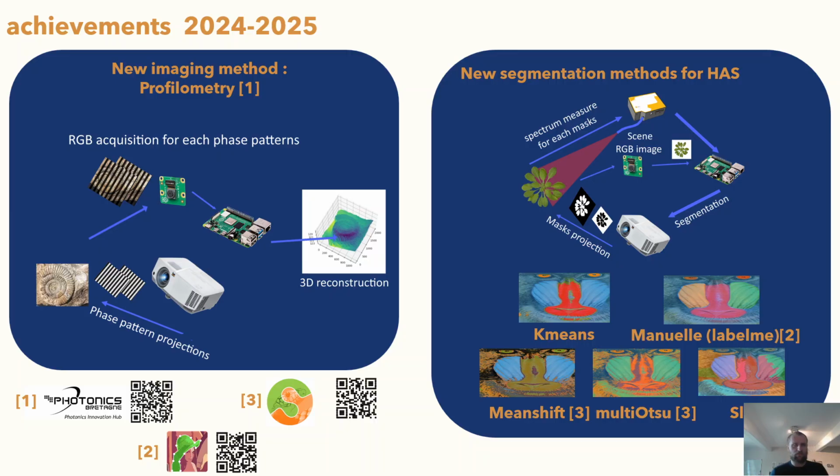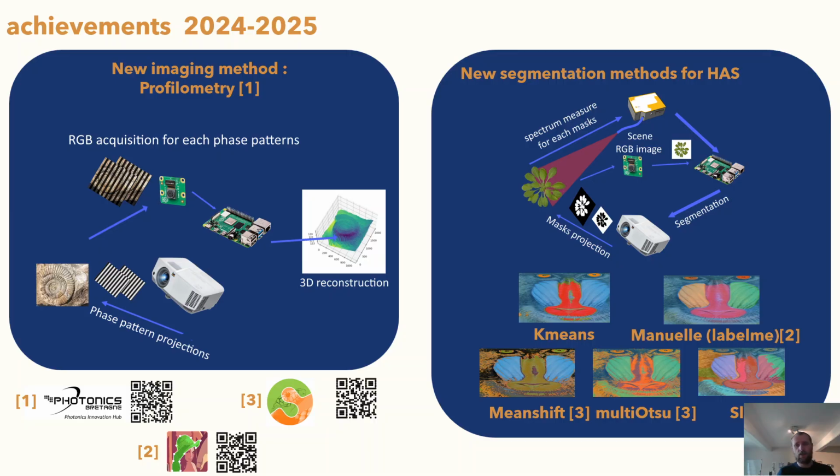And the second work was about increasing the capability of the area scanning method. It's a hyperspectral imaging method based on the principle that you take an RGB image of the scene, use a segmentation algorithm to create masks on areas of interest of the scene, and take just one spectrum for each area.